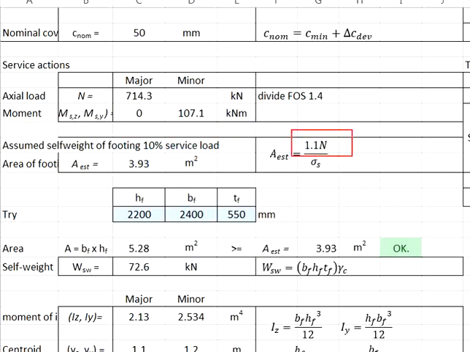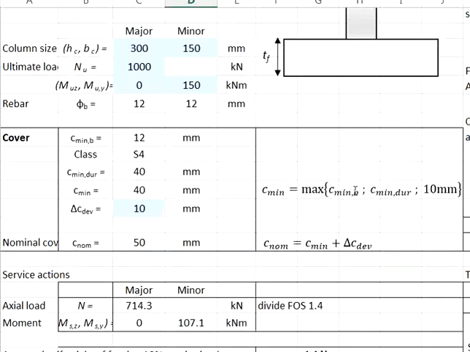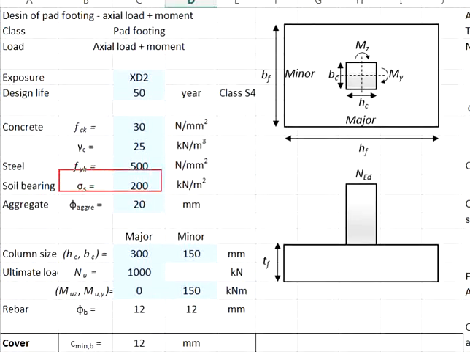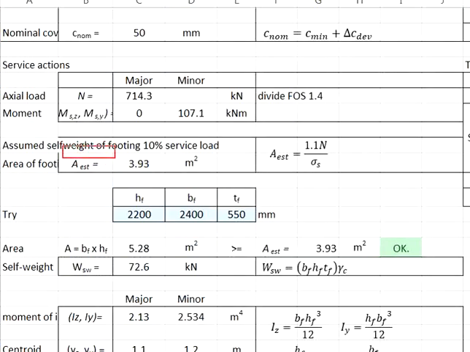Get the total axial load, which is 714.3 kN, plus 10% of this 714.3 kN, divided by the bearing capacity of the soil, which is 200 kN per meter square. We obtain an estimated area of the pad footing equals to 2.93.